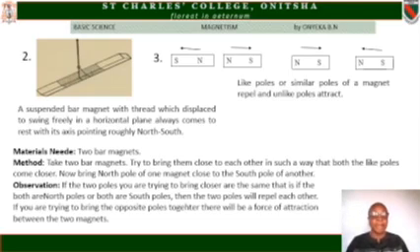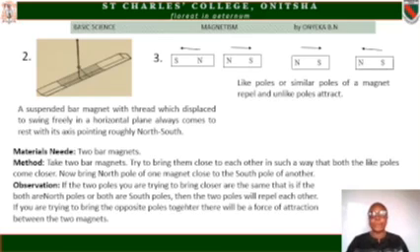You will observe that if the two poles you are trying to bring closer are the same, that is, both north poles, it will repel, it will not attract. But if the opposite poles are together, the force of attraction will be great and they will attract each other.